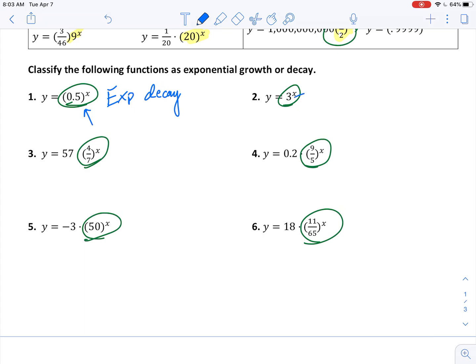And if that's smaller than 1, then that must be exponential decay. And in number 2, I've got 3 as my base. So I know it's exponential. I have x in an exponent. And if 3 is the base, if that's bigger than 1, then that must be exponential growth.